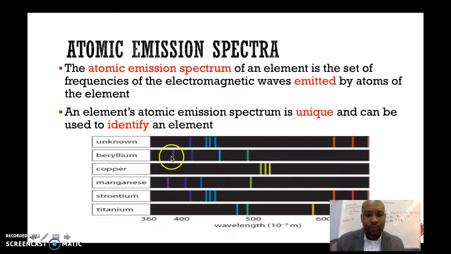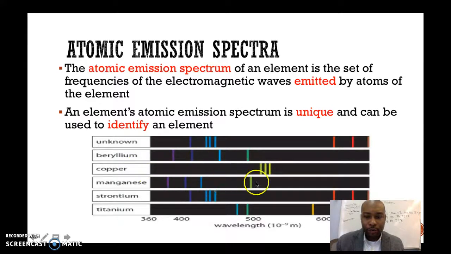So much in the same way a fingerprint can identify a person, the atomic emission spectra can identify what the element is. So if you take a look at this diagram here, you see that there are several substances. There's an unknown substance. There's beryllium, there's copper, manganese, strontium, and titanium. And if you look at beryllium's atomic emission spectra, you see there's a purple line here, followed by a blue, followed by a teal here and a green here.